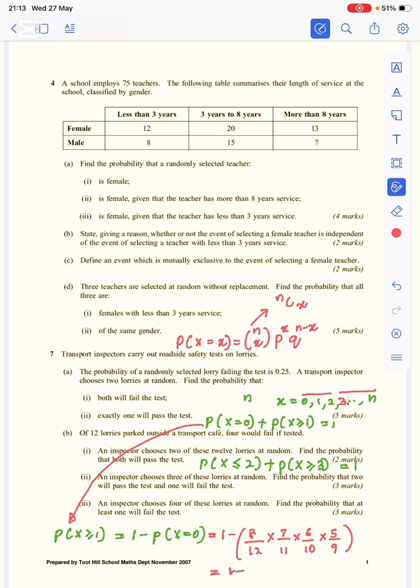This will give you 1 minus 0.1414. So the final answer is 0.8586.